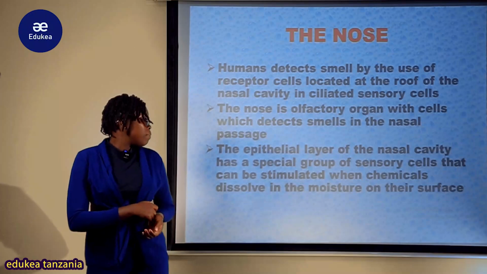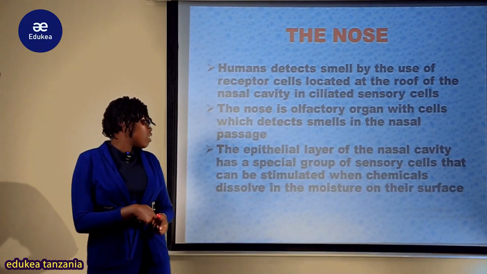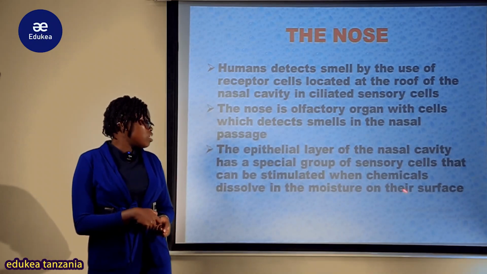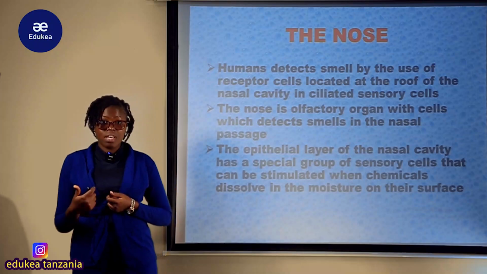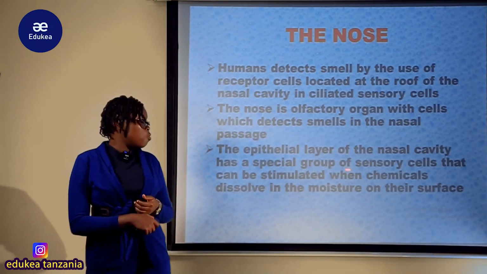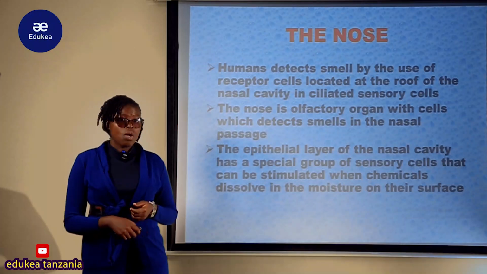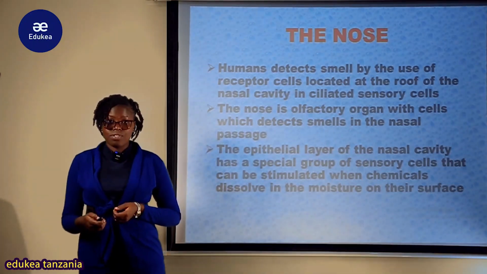So the epithelial layer of the nasal cavity has a special group of sensory cells that can be stimulated when chemicals dissolve in the moisture on the surface. So the epithelial layer which is found within the nasal cavity has this special group of sensory cells, ambayo ni olfactory ones, which can be stimulated when chemicals dissolve in the moisture on their surface.